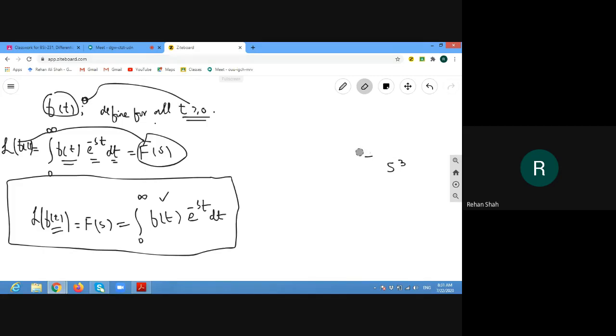Okay, G. So what is the inverse Laplace transform?